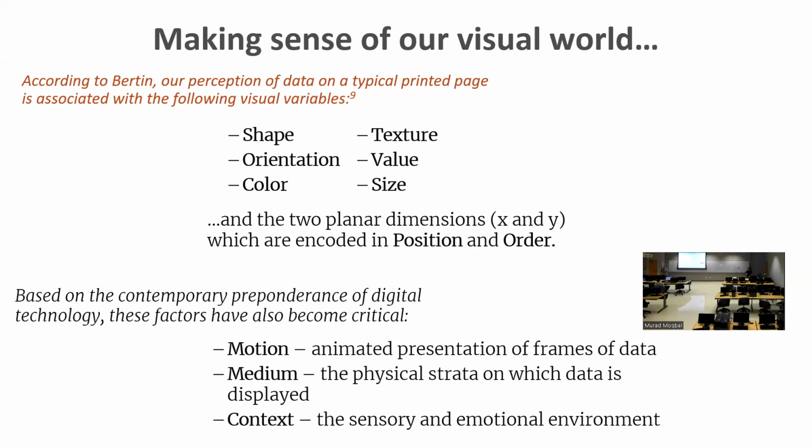And then there are additional ones, like the position, like the coordinate that we talked about, and the order helps us as well as pre-attentive attributes. Then there were three additional ones, which include motion, medium, and context. So let's have a look at each one of those.